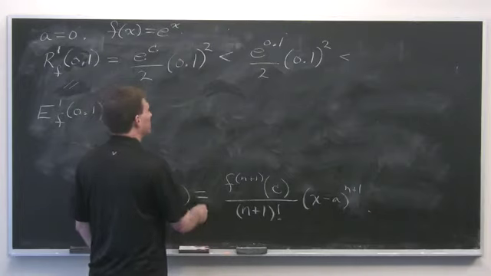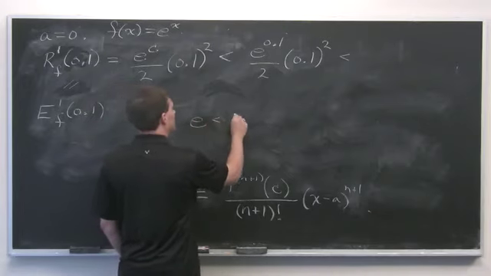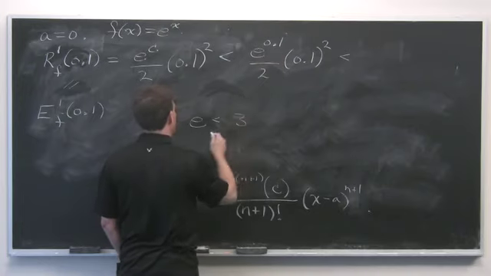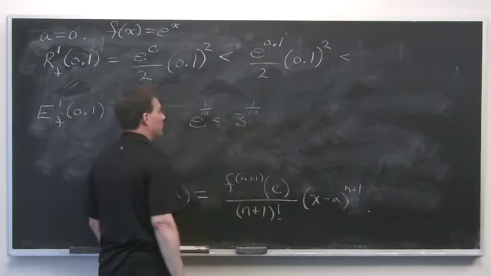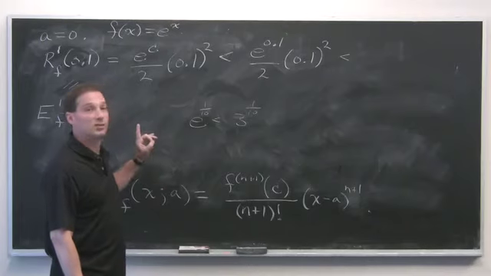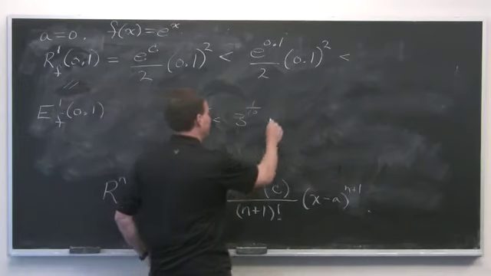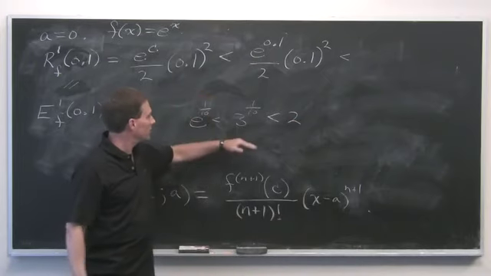But what I'm going to say is that, well, e is less than 3. And this is to the 1/10th power. And e to the 1/10th will be less than 3 to the 1/10th power. Well, what's 3 to the 1/10th power? Well, who knows? But I'll tell you this, it's less than 2. It's certainly less than 2. It's actually very close to 1, but why is it less than 2?